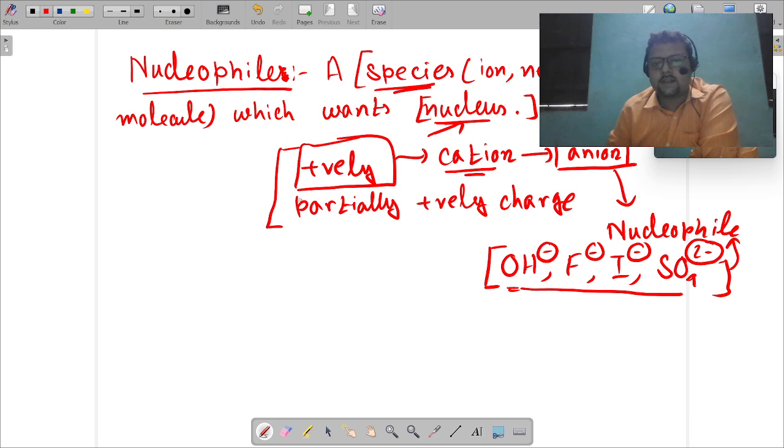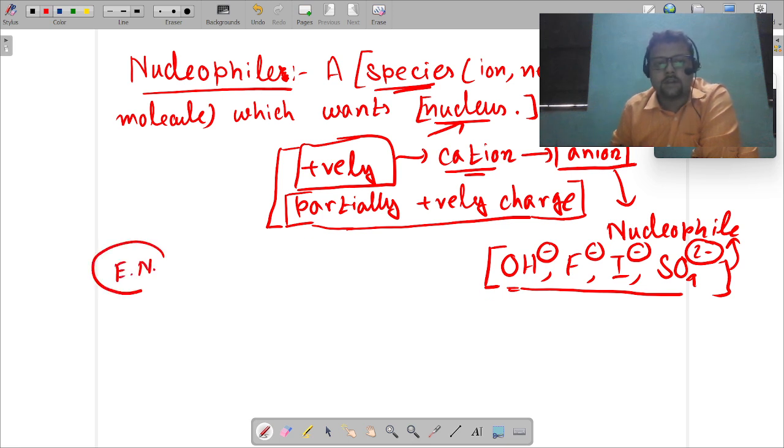Now what is the case with partially positively charged species? In order to understand this partially positively charged center, we need to understand the concept of electronegativity, in short EN. What does this term actually mean?